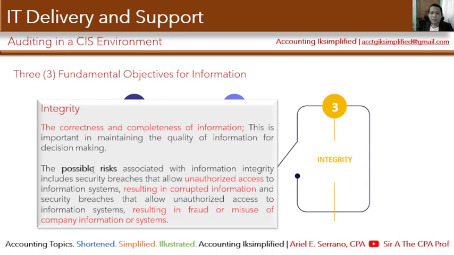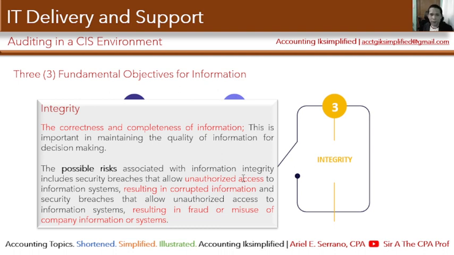Ang mga possible risks na associated with information integrity includes, syempre, mga security breaches, that allows unauthorized access pa rin to information system resulting in corrupted information. Okay? Because of security breaches, nagkaroon ng unauthorized access at na-corrupt yung information. Of course, malaking bagay yan.